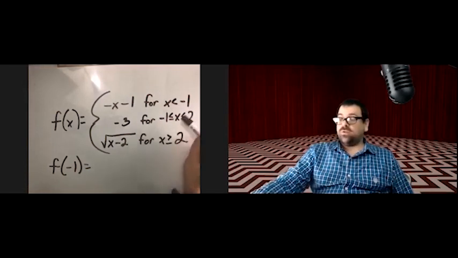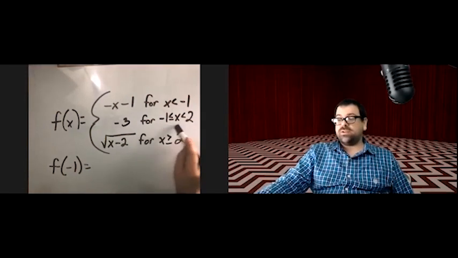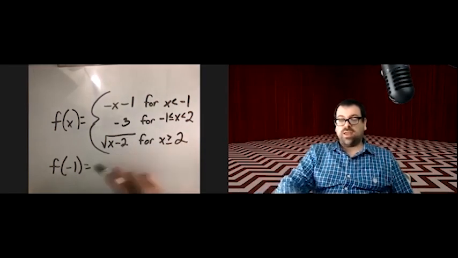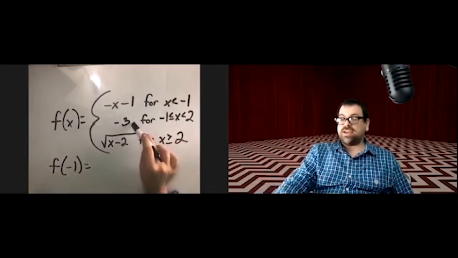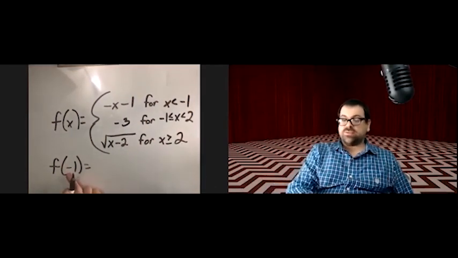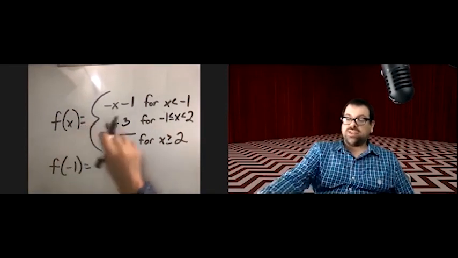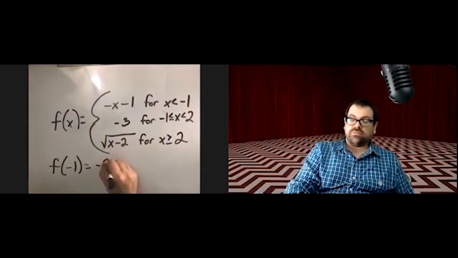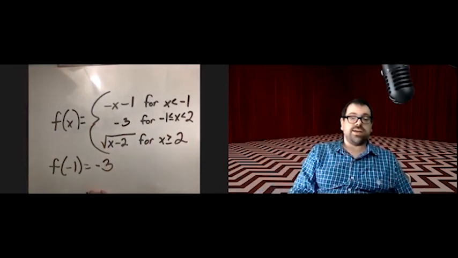So we would have to look for the or equal to here. So if x is equal to -1, it's going to fall on the second one. And for all x values here, including this one, the function is equal to -3. Nothing else to do there. It's just equal to -3.